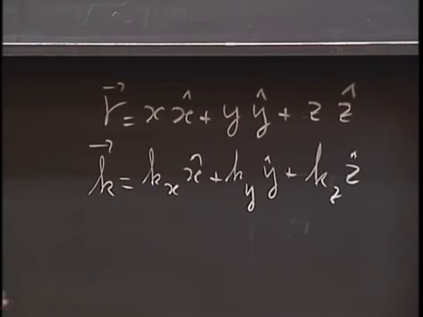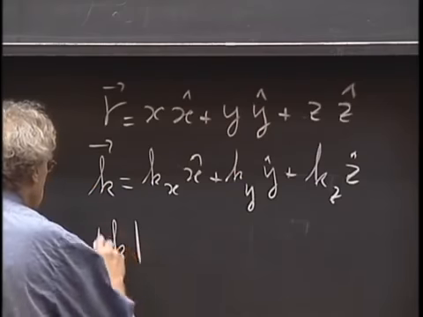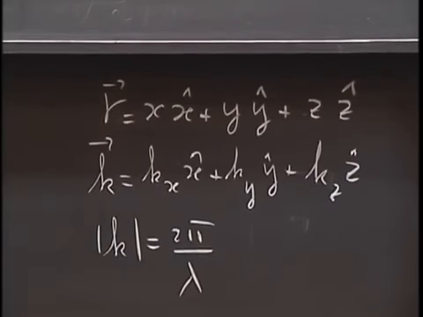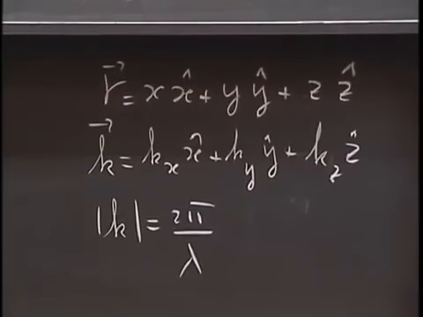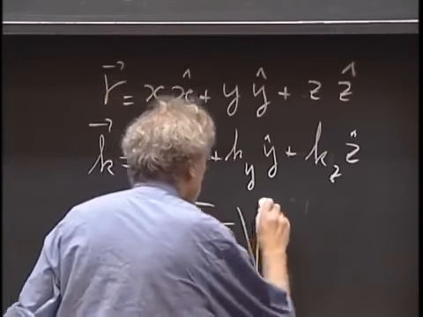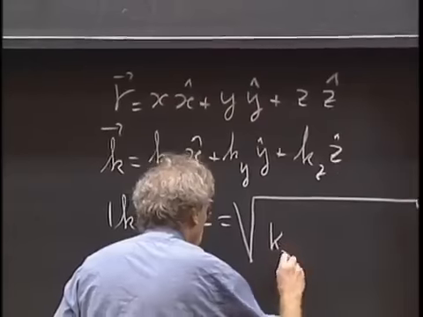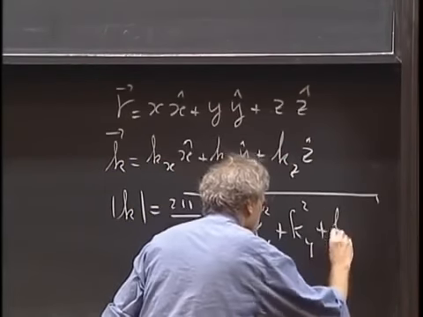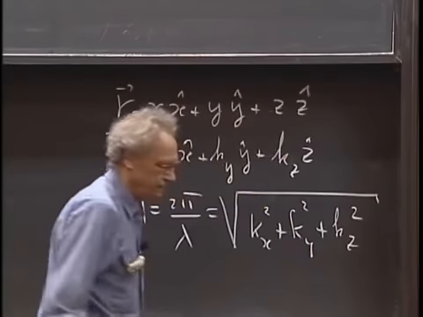And the magnitude of k is always 2 pi divided by lambda. And that magnitude of k is the square root of kx squared plus ky squared plus kz squared.